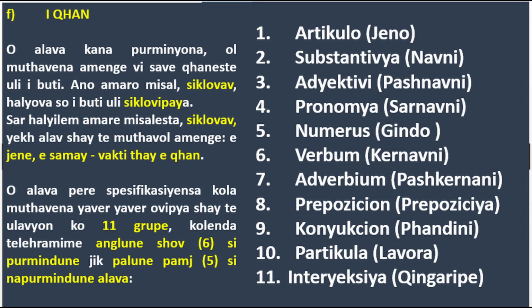Pronomia, sarnavni, pronoun. 5. Numerous, gindo, numeral. 6. Verbum, kernivni, verb. 7. Adverbium, pashkernivni, adverb. 8. Proposition, propositia, prepositions. 9. Conjunction, fandini, conjunction. 10. Particula, lavora, particle. 11. Interjexia, chingaripe, interjection.